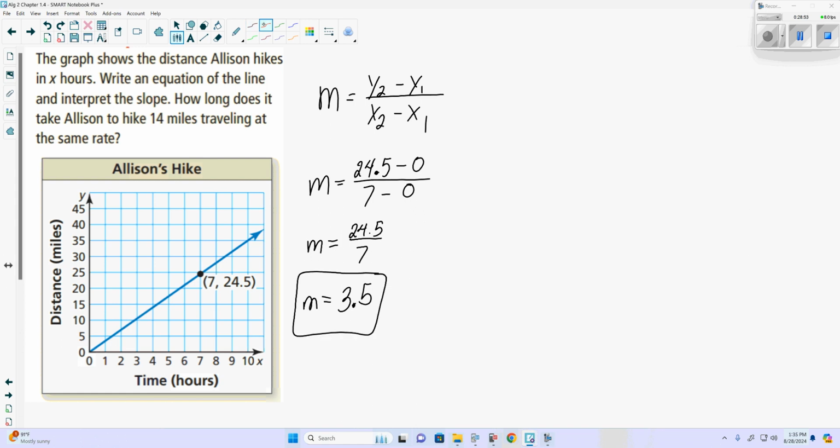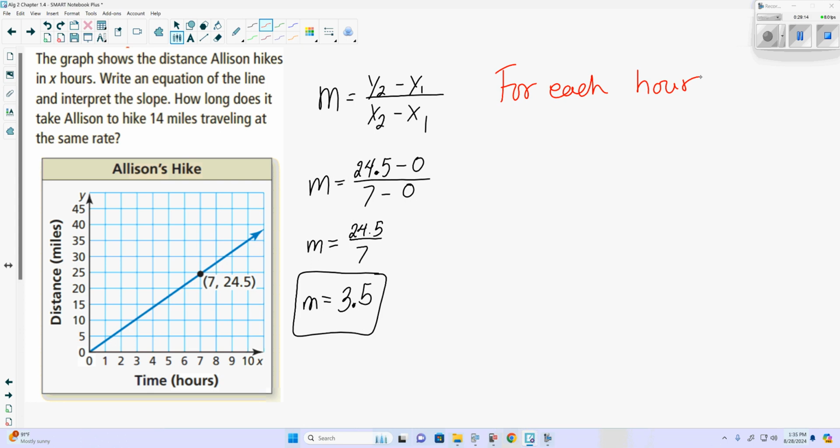And if we interpret this slope, so time for each hour. Because we don't have a denominator. Our denominator is essentially 1. Even though it is a decimal, it's still 1.